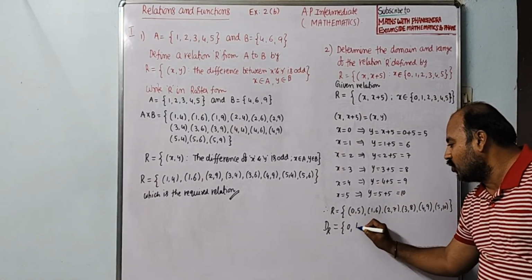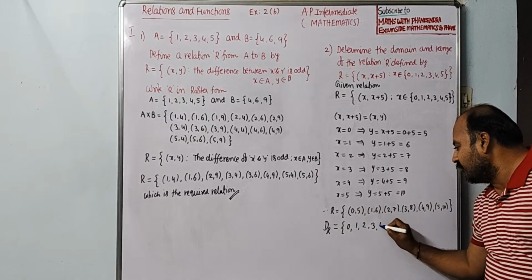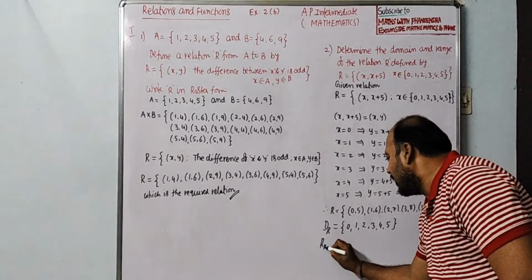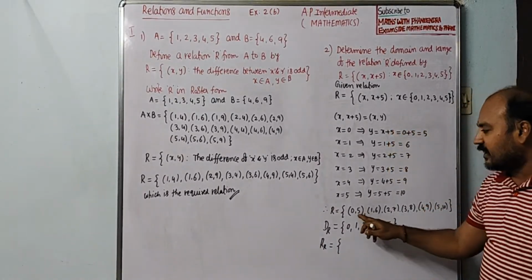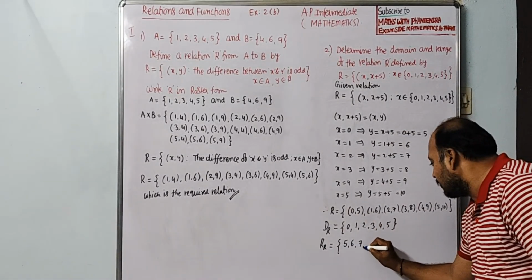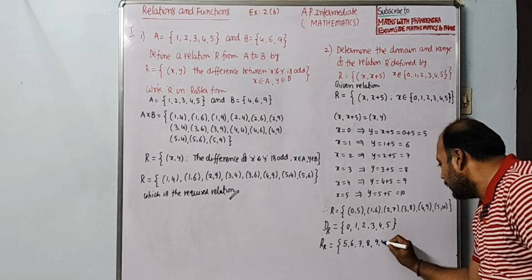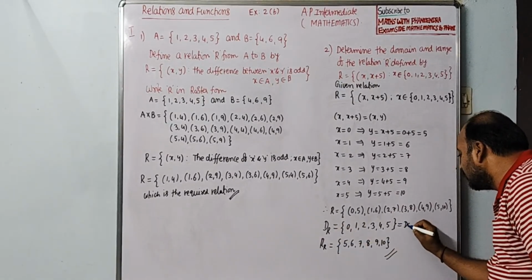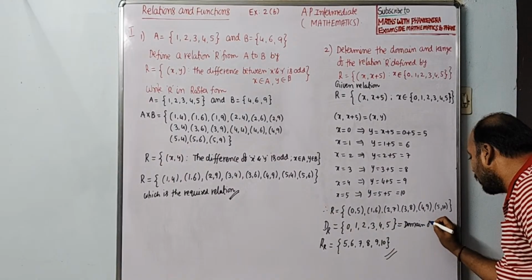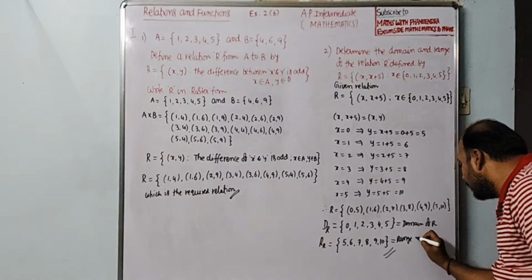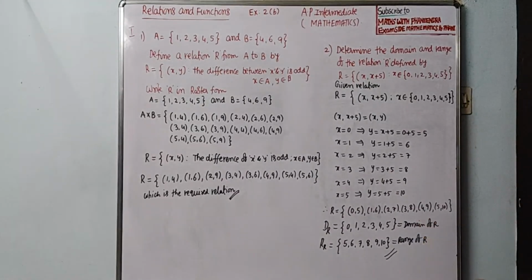So 0, 1, 2, 3, 4, 5. The range of the relation R means the second elements: 5, 6, 7, 8, 9 and 10. So therefore, this is the domain of R and the range of R. Okay, dear students, I hope you understand. We'll move on to the next question.